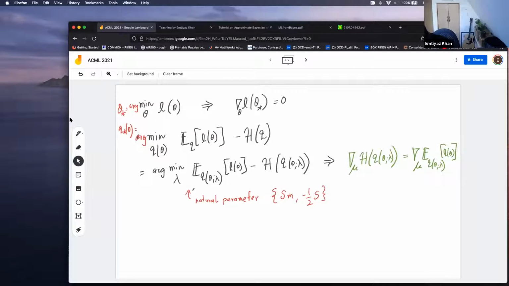It turns out that the gradient of the entropy is basically lambda. Sorry, I should use the star everywhere to show that this is the optimum. So it's going to be lambda star. This is the optimum distribution, which will be equal to negative here.